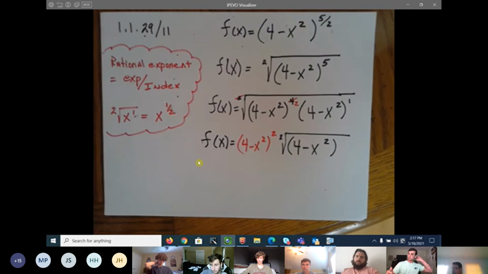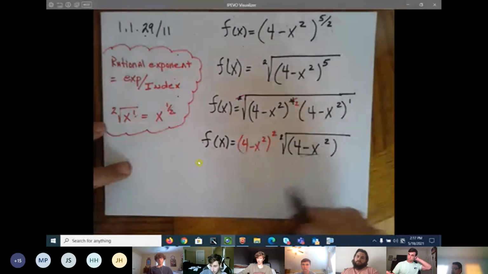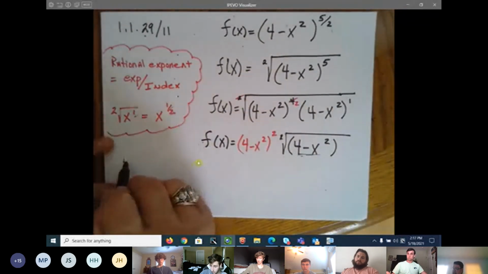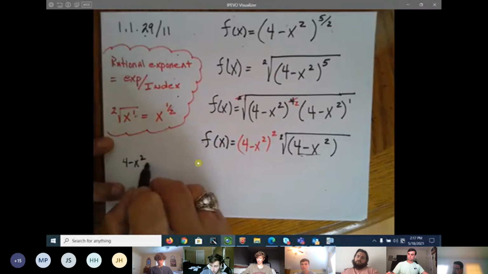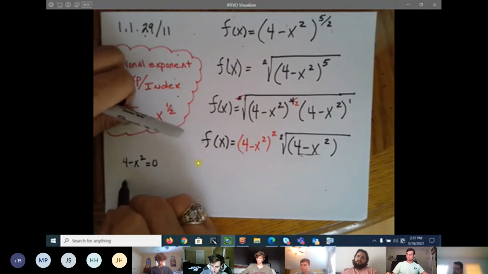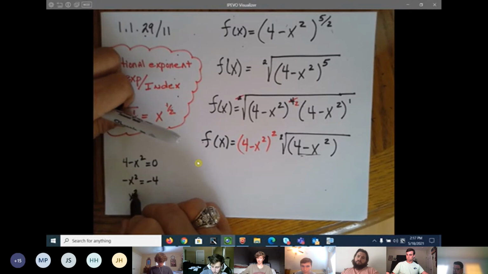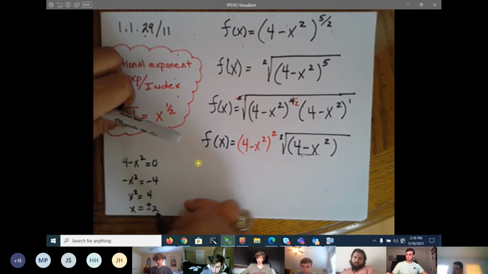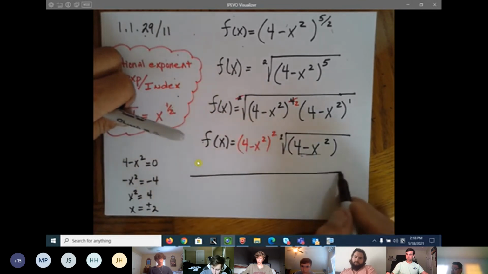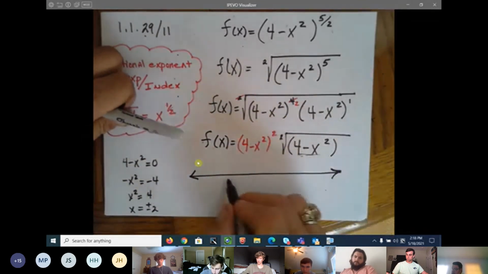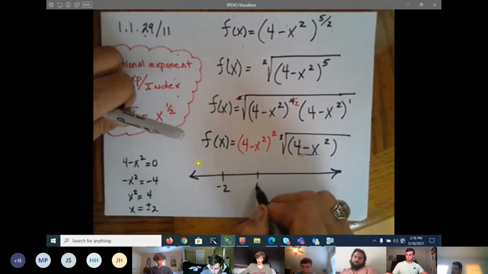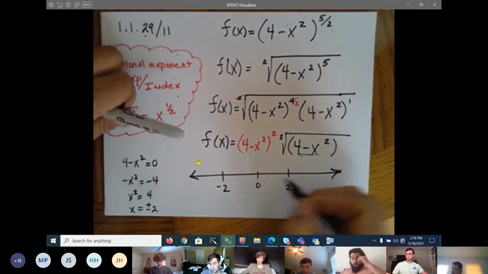So I'm going to set this equal to 0. So 4 minus x squared is equal to 0. Negative x squared is equal to negative 4. X squared is equal to 4. And x is equal to positive or negative 2. So I'm going to draw a number line. Negative 2, 0, 2.